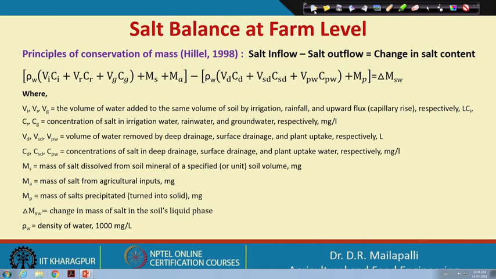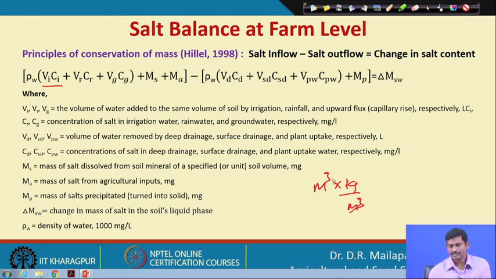With this, the equation, as I said, has ViCi for irrigation: volume in meter cube multiplied by concentration in kg per meter cube. The cube units cancel and you get kg, since this is water, you multiply with the density. Then Vi into Ci, Vr into Cr, this is due to irrigation, this is due to rainfall, and this is due to groundwater.